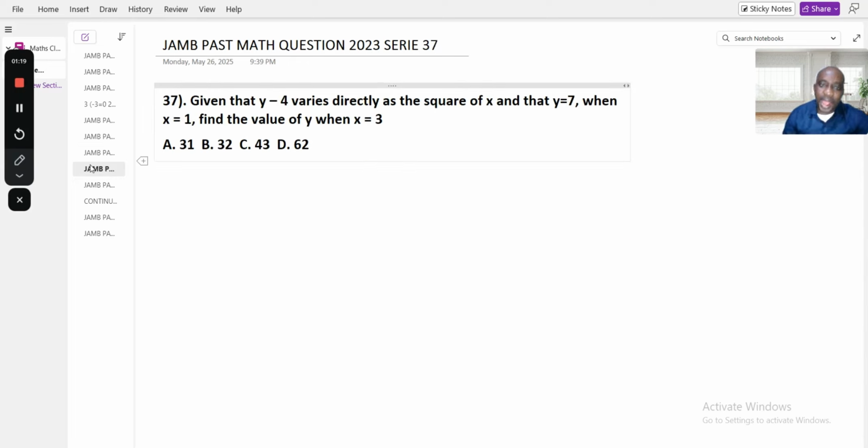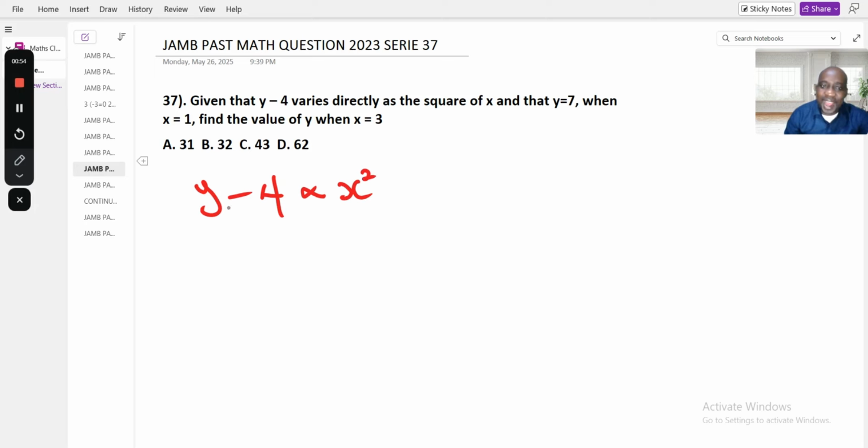Given that y minus 4 varies directly as the square of x, and that y equals 7 when x is equal to 1, find the value of y when x is 2. Now, the question says y minus 4 varies with x squared.